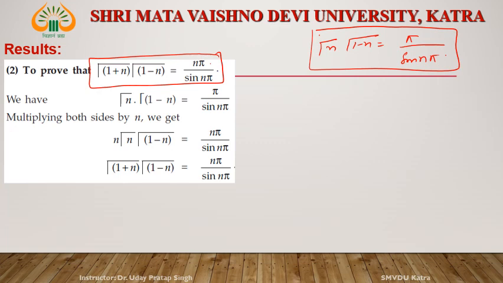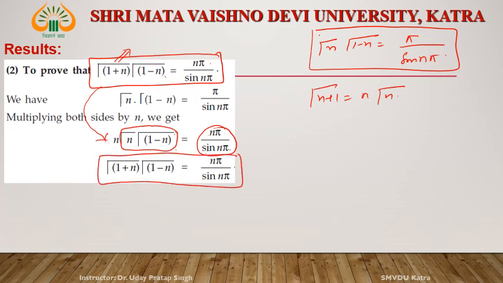Since we know that gamma of n plus 1 is equal to n into gamma n, write it: n into gamma n into gamma 1 minus n is equal to n pi divided by sine n pi. So gamma of 1 plus n into gamma of 1 minus n is equal to n pi divided by sine n pi.